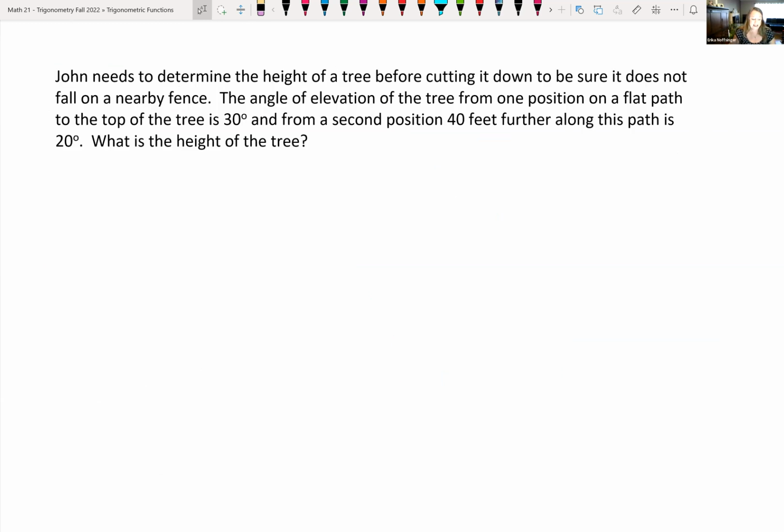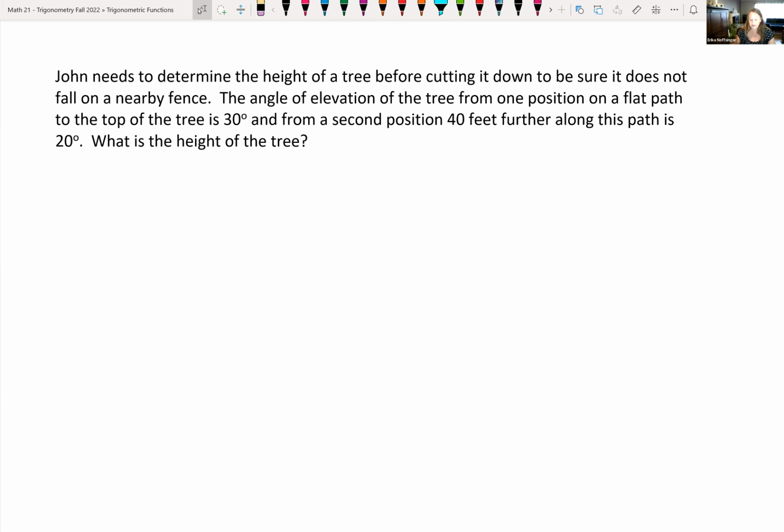The problem in front of us says, John needs to determine the height of a tree before cutting it down to be sure it does not fall on a nearby fence. The angle of elevation of the tree from one position on a flat path to the top of the tree is 30 degrees. And from a second position, 40 feet further along this path, it is 20 degrees.